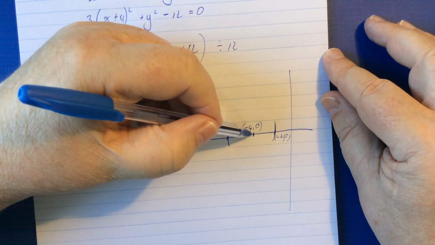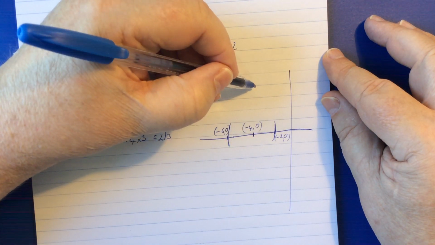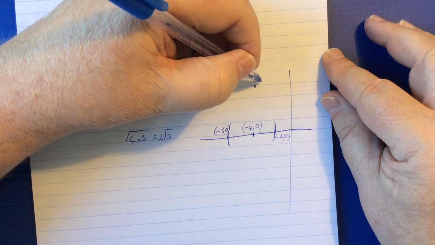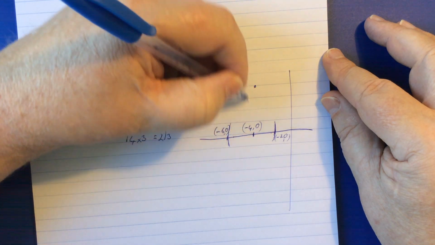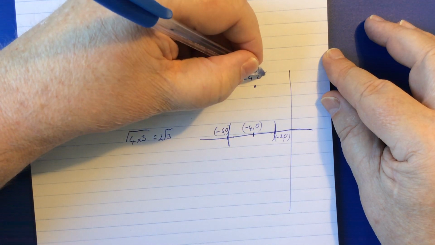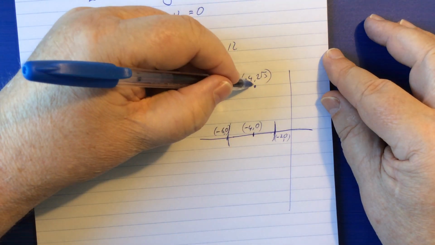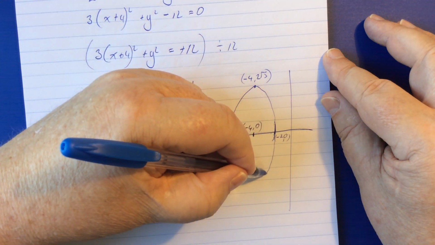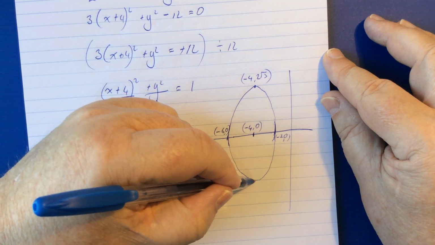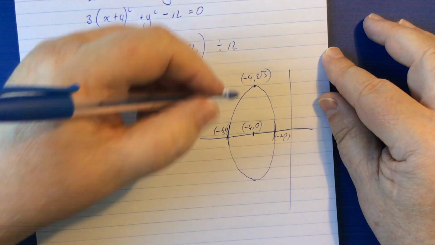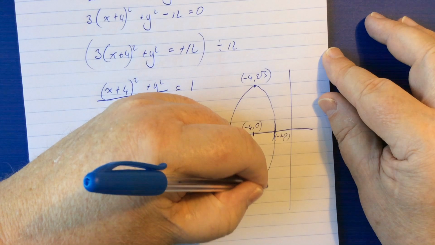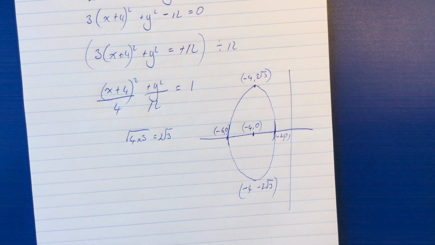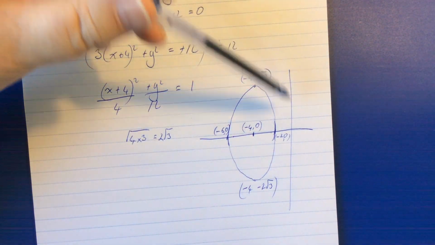So our point up here is going to be the square root of 12 from here to here, which is 2 root 3, and negative 4. So negative 4, 2 root 3. I hope you can see that. And so this thing comes down here like this. And there's a corresponding piece down here because these are symmetrical despite how I draw this. And this is negative 4, negative 2 root 3. Okay, so those are the points of interest on the graph of this ellipse.